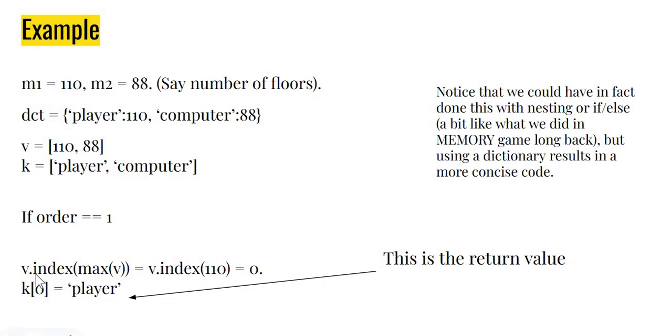Assume order is 1. Well, v.index(max(v)) is essentially v.index(110), which is 0, because the item number of 110 in this list v is indeed 0. Then I read k[0], which is player. So that's exactly what I'm doing, and hence I return a player. On the other hand, I would have returned a computer otherwise. I hope this made it clear.